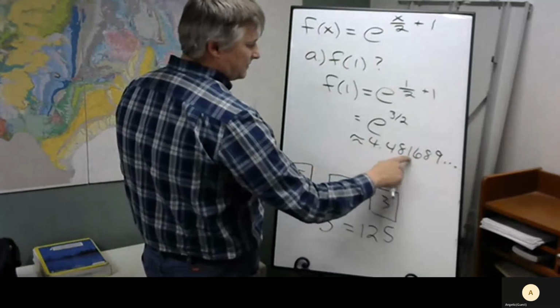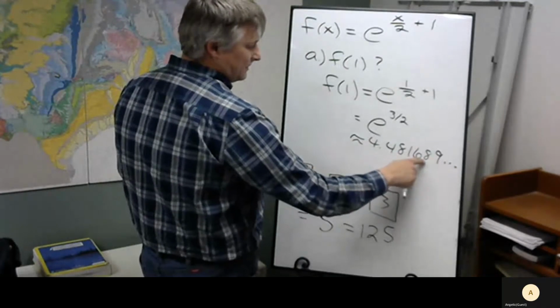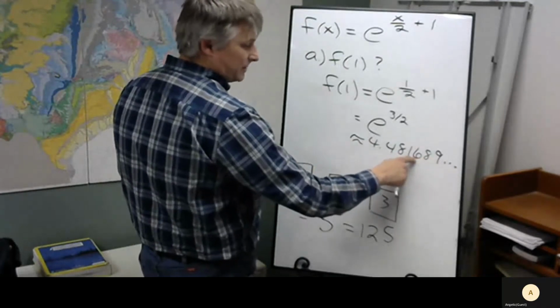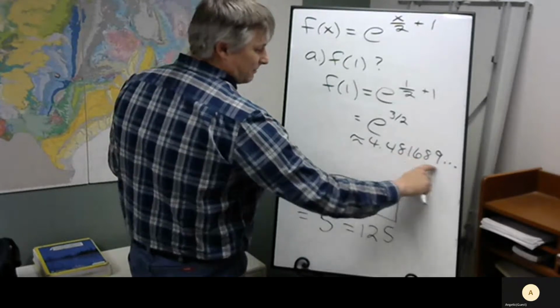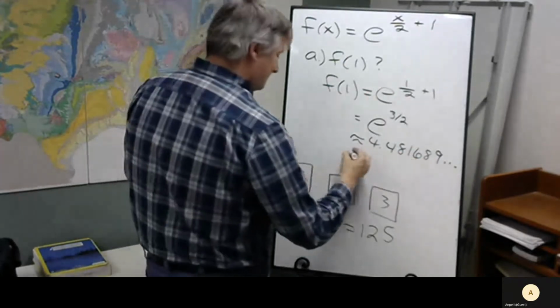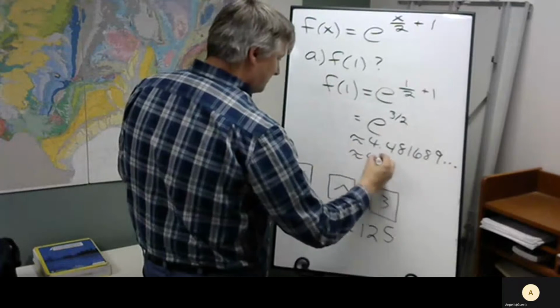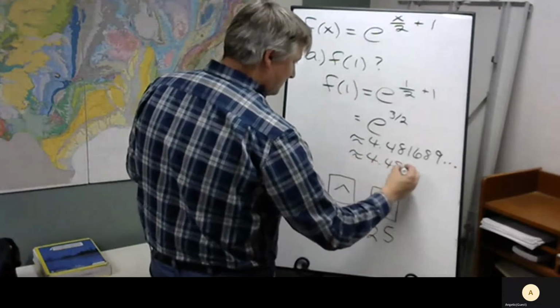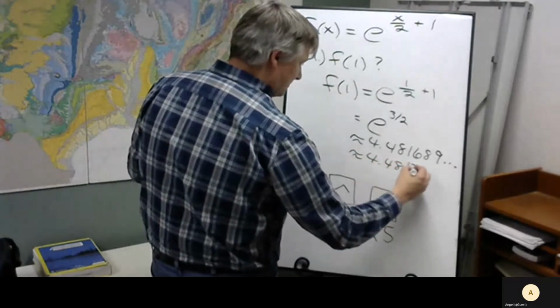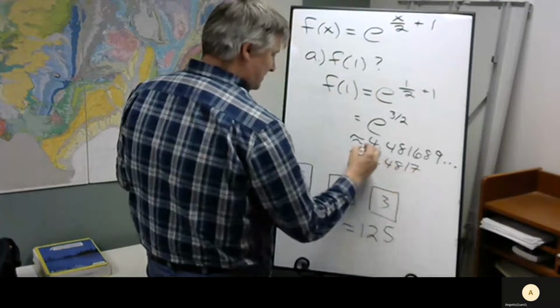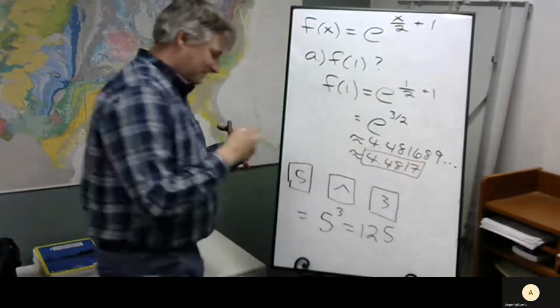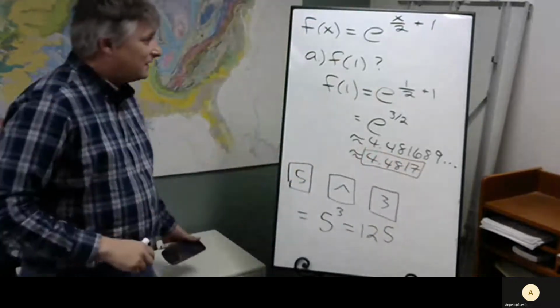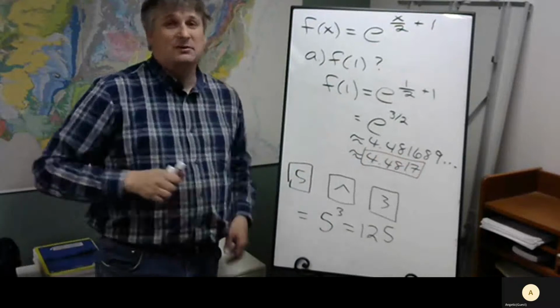Tenths, hundredths, thousandths, 10,000ths. 5 or greater, so that means this bumps up to a 7. The rest of the digits go. So that's going to be our answer.